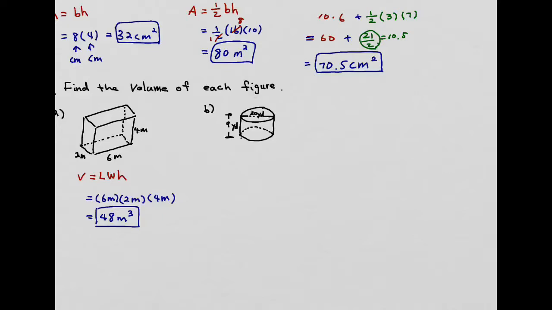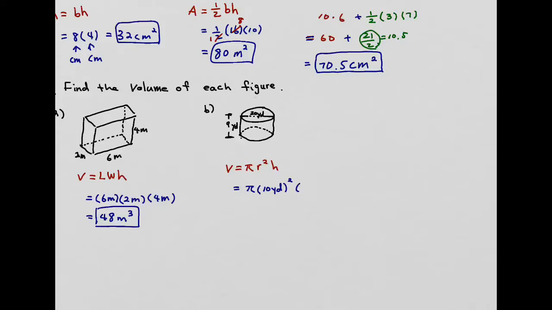This is going to be a cylinder, so the volume of the cylinder is going to be pi r squared h. So let's see, what's your radius? Your diameter is 20, so half of that is 10. So pi times 10 yards squared.